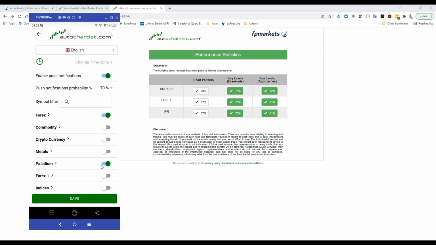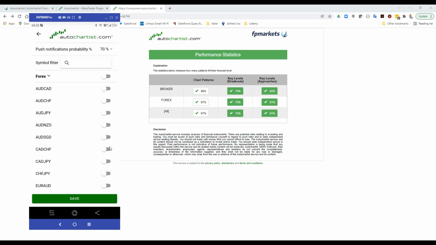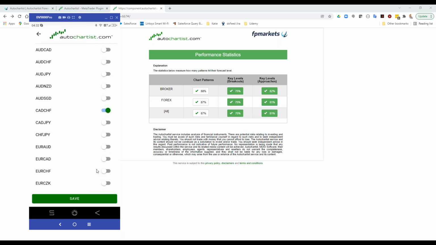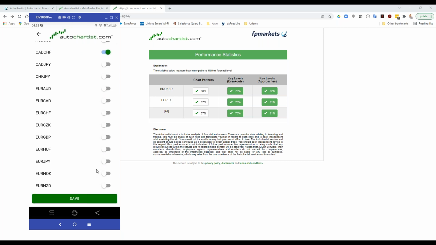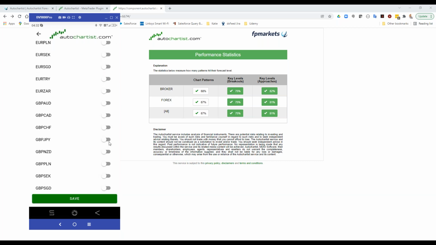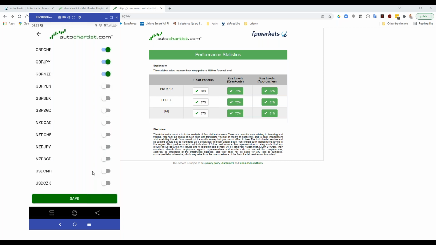So, for example, I only want the FX market, and I only want it on, let's say, CAD Swiss franc, obviously Euro USD. GBP JPY are some of these majors over here.